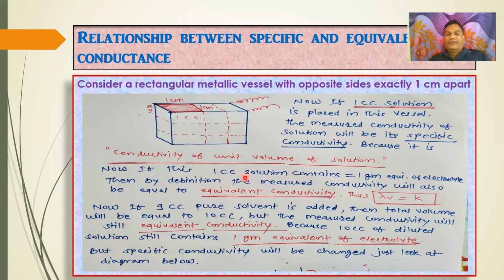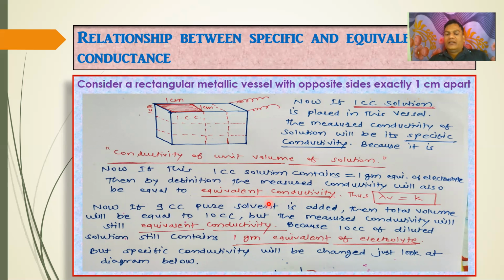Now, if this 1 cc solution contains 1 gram equivalent of electrolyte, then by definition the measured conductivity will also be equal to the equivalent conductivity. How is it possible?